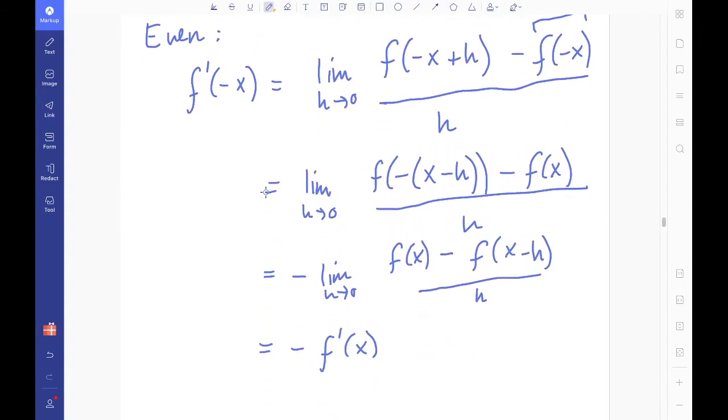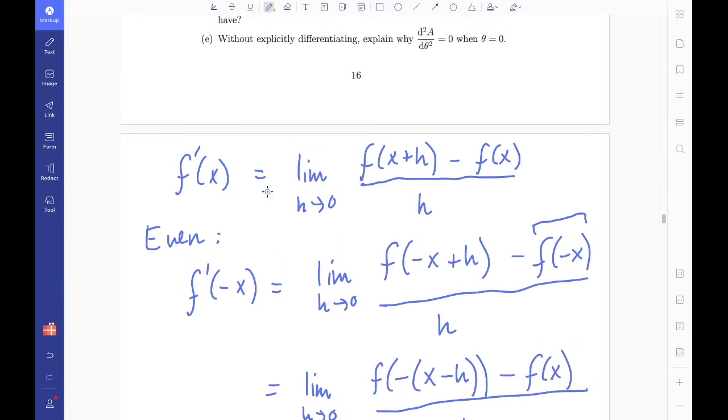So let's just draw a quick function. I've got 2 points, x and x plus h, and I'm bringing them closer together and calculating the gradient of the tangent as those points approach each other.